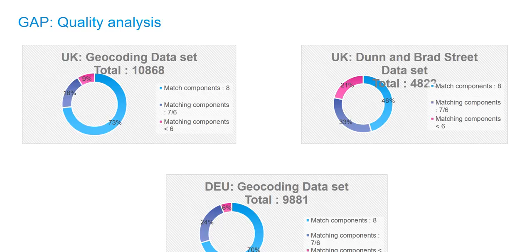What it means is that the model was able to parse 8 out of 8 components in 73 addresses out of 100, which is a good number. In 18% of the cases, the model got one or two components wrong, and very rarely, that is 9%, the model got more than two components wrong.